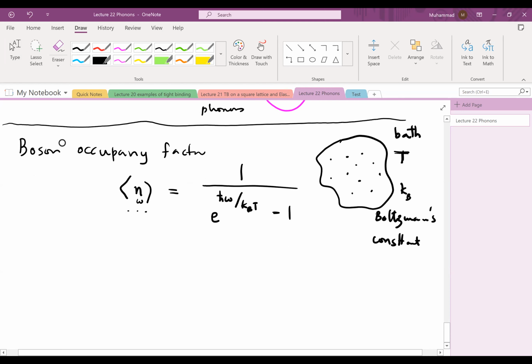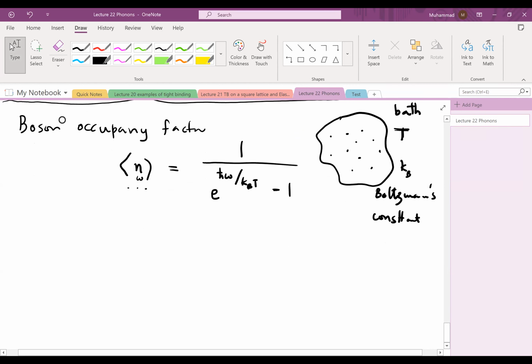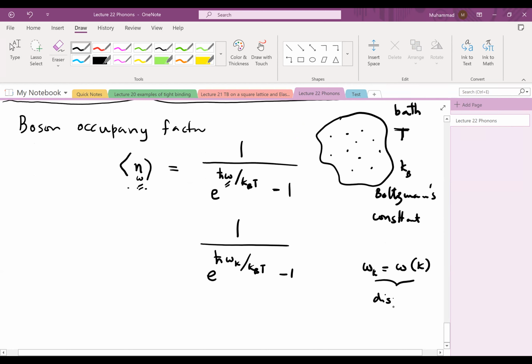So I could use the label omega or I could use the label K. It doesn't really matter. So I can write this as h bar omega sub K as well. Omega sub K, of course, omega is a function of K, and this comes from the dispersion relationship. So this is the number of phonons that will be excited at a temperature T for a mode K, for the kth mode inside the system.